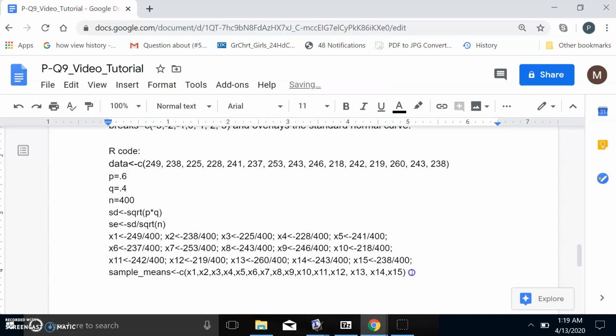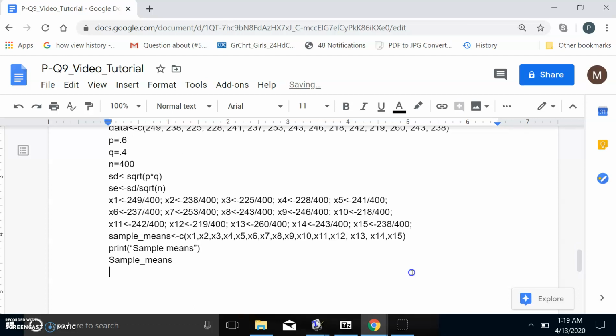And then I'm going to say print sample means, so when I run the R code, I'll be able to identify it. Be careful with capitalization.